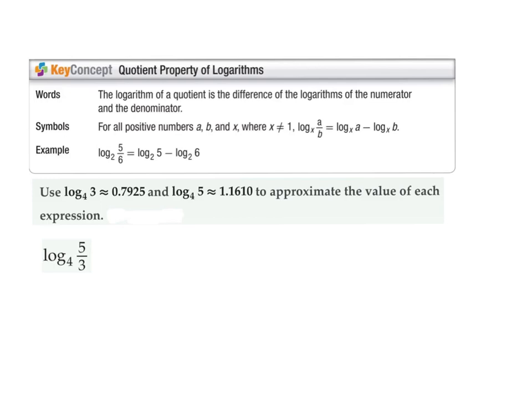Okay, so I need to use this property here to turn it into two separate logs. So let's not worry about these decimals right now. Let's just use the quotient property to separate it into two logarithms. So you want to try that again? Nope.